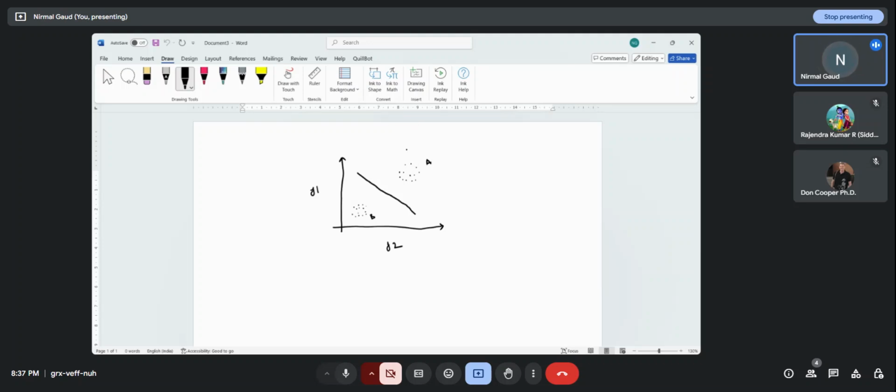So we want to make a decision boundary that we are calling a hyperplane, and that we want to be as optimal.